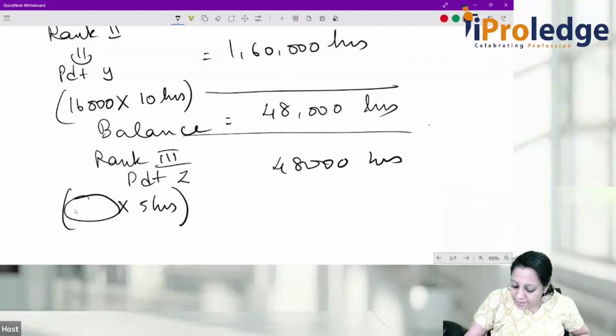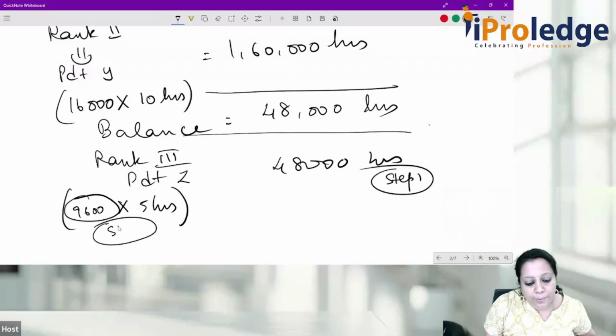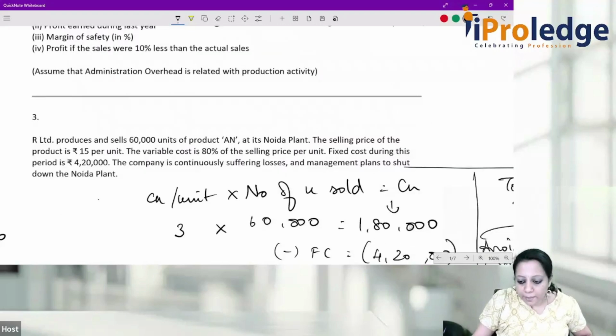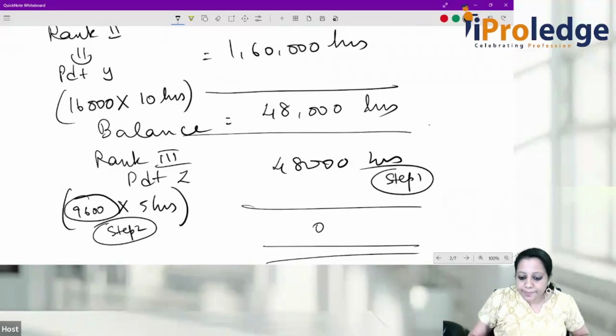So 48,000 divided by 5 is 9,600. So you please write, this is step 1. This is step 2. Then you will be able to understand. So balance is 0.